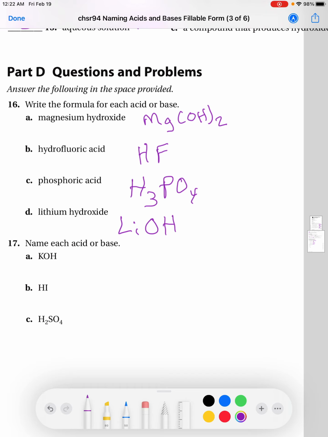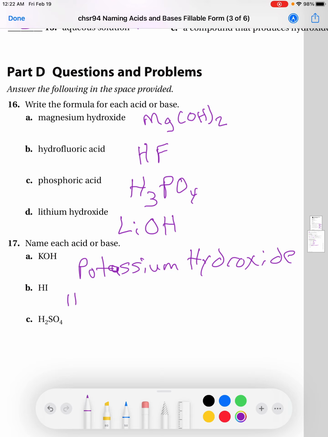Lithium hydroxide is making a comeback, but OH is minus, lithium is plus, 1-to-1 ratio. So this one is potassium, and the OH is a hydroxide anion, so this is potassium hydroxide. Potassium hydroxide, like sodium hydroxide, is also a strong base.